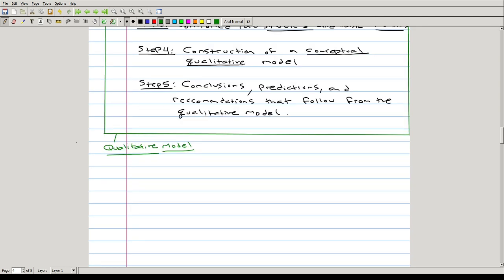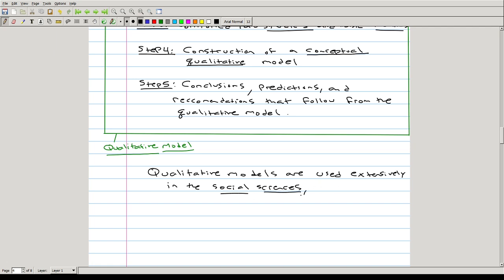They are extensively used in the social sciences, and they're also used in the physical sciences, the natural sciences, and engineering as well.